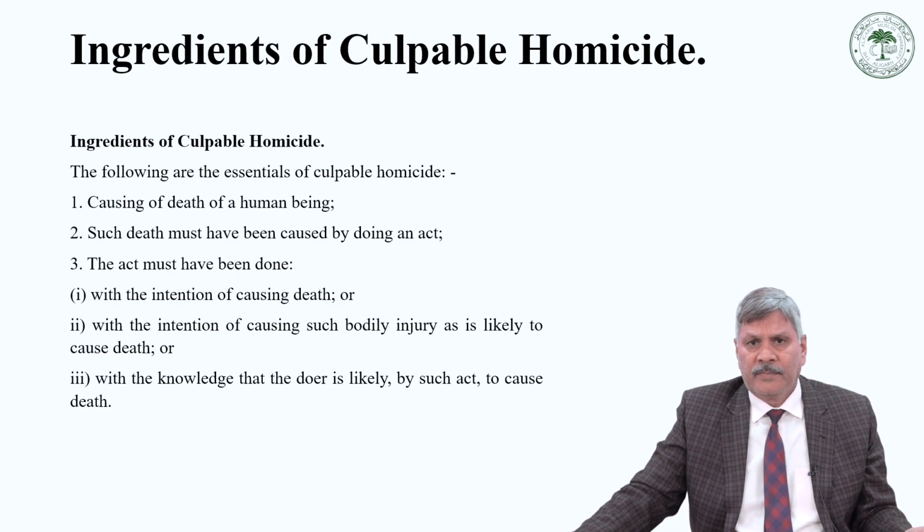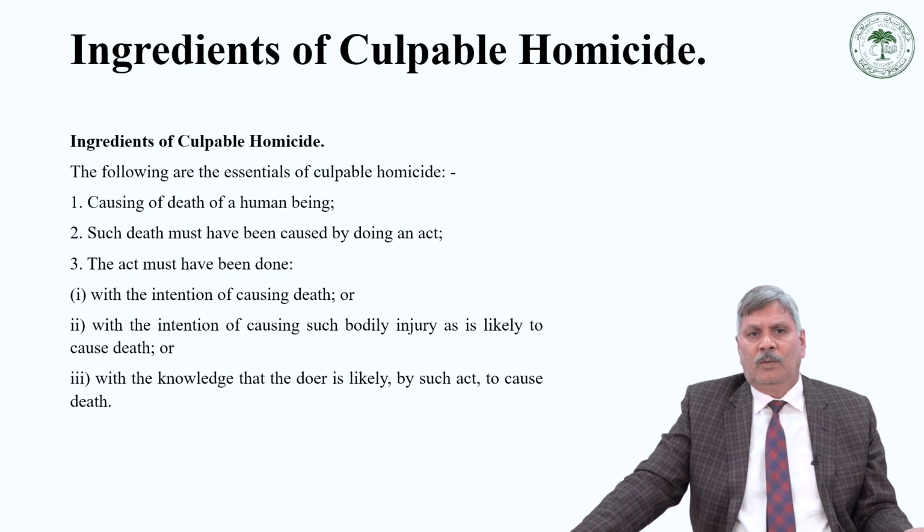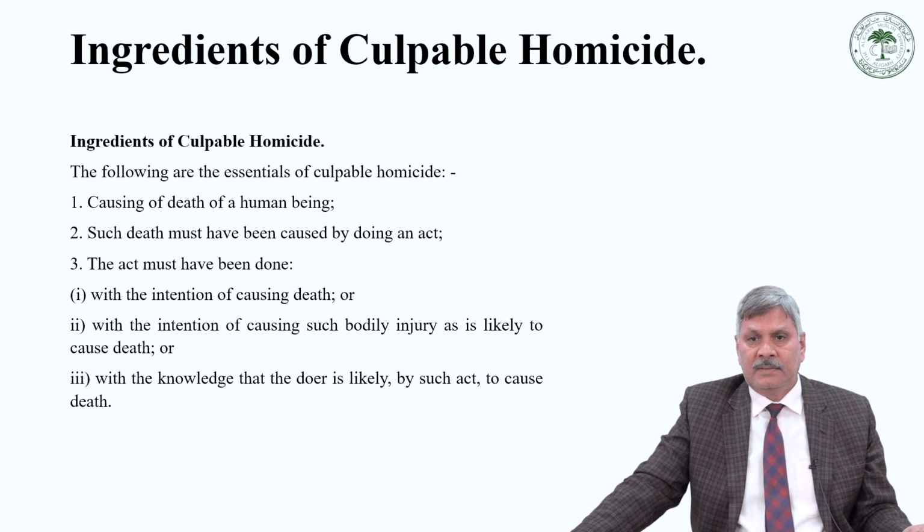For instance, where death is caused by a blow which would not cause the death of a healthy person, because the person whose death is caused suffered from a disease, it would not be fair to infer intention or knowledge. This is so because in such a case the consequence is not a natural or probable consequence of the act done, and therefore it can be said that the accused never contemplated the results.